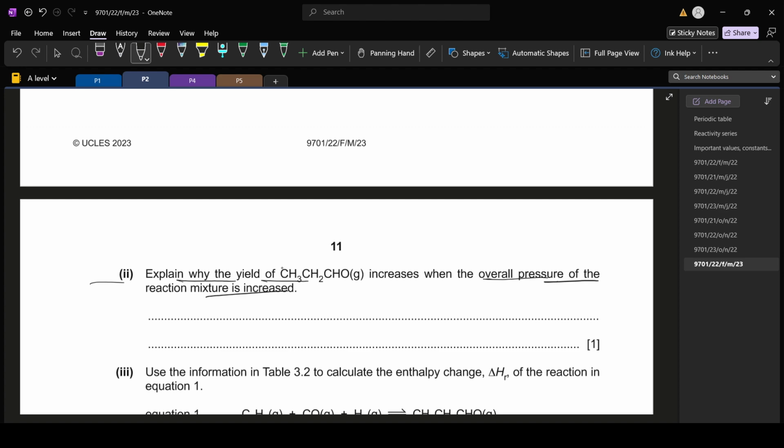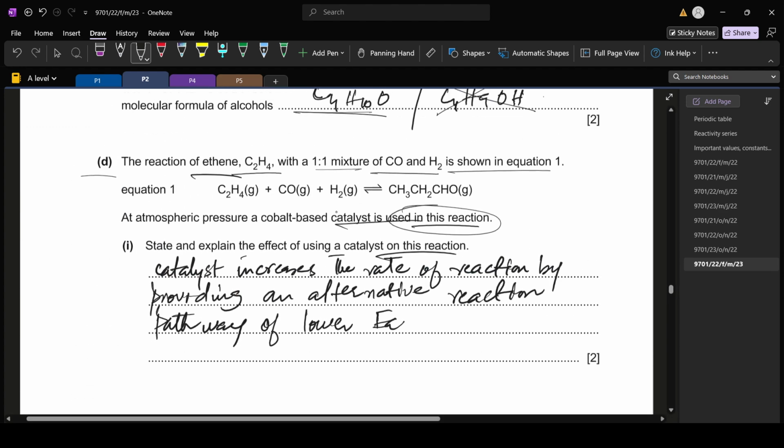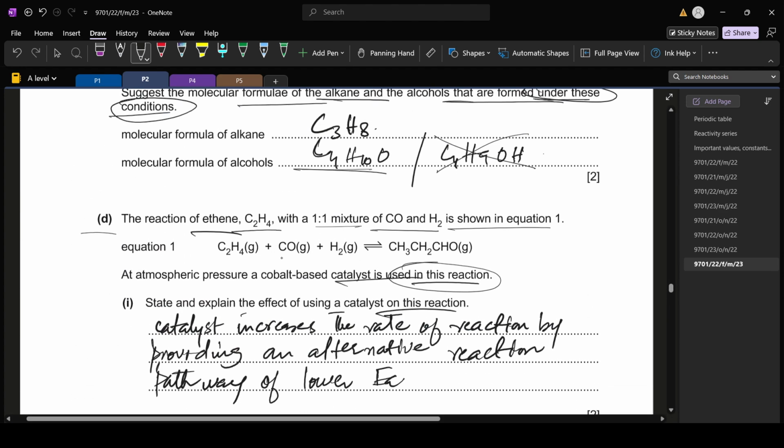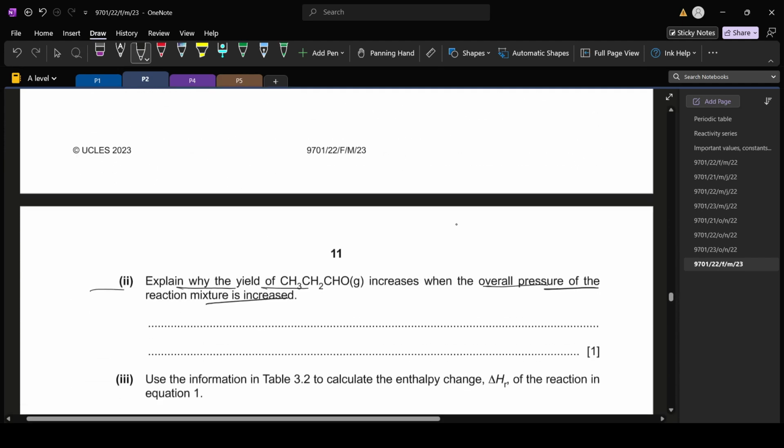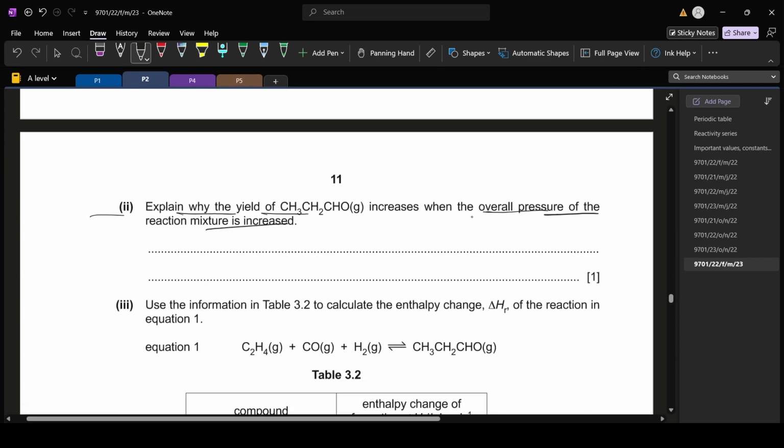So why does this yield increase when the pressure is increased? You can see that there are 3 moles of gas on the left hand side, and there is only 1 mole of gas on the right side. So if you increase the pressure, the equilibrium will shift to the right side. Okay, that's why the yield increases. Equilibrium moves to the right side.